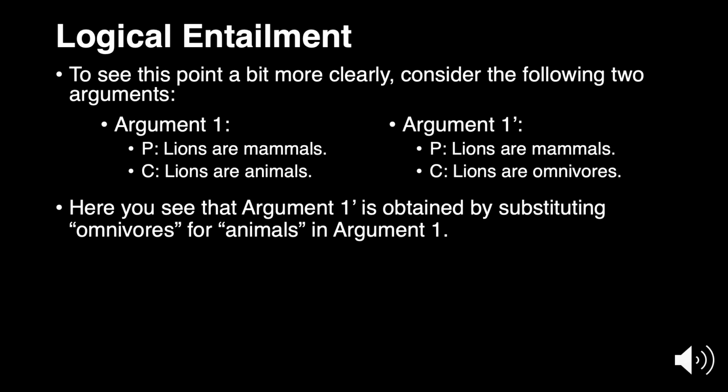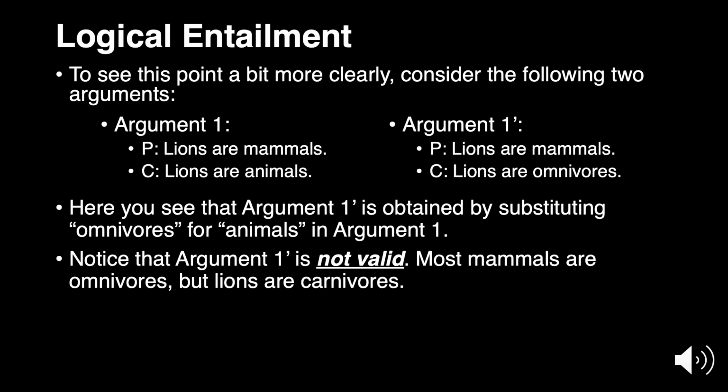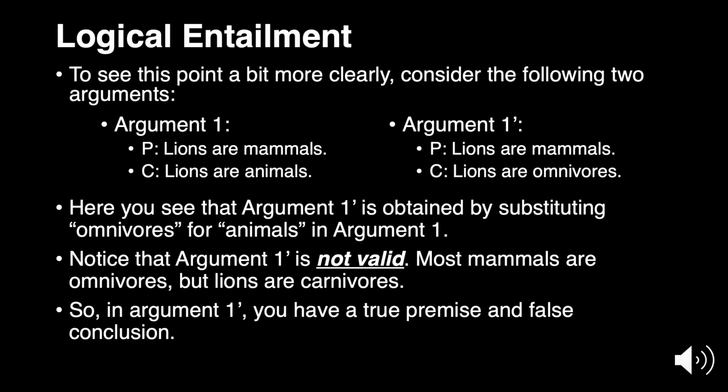Now notice that argument 1 prime is not valid. Most mammals are omnivores, but lions are carnivores. So in argument 1 prime, you have a true premise and a false conclusion. Okay, so argument 1 prime is not valid.